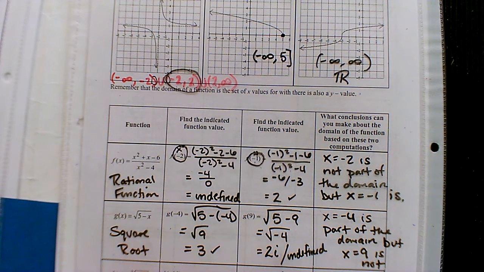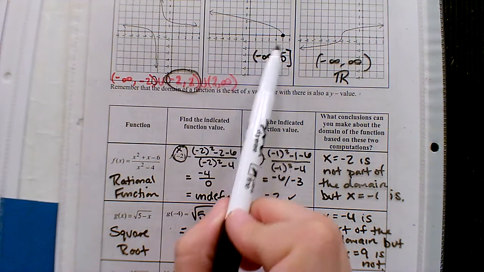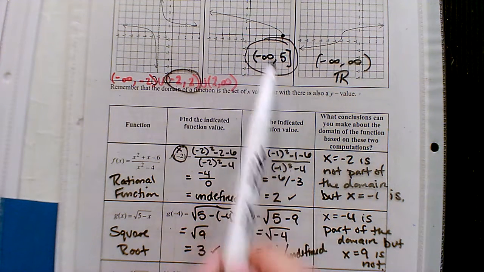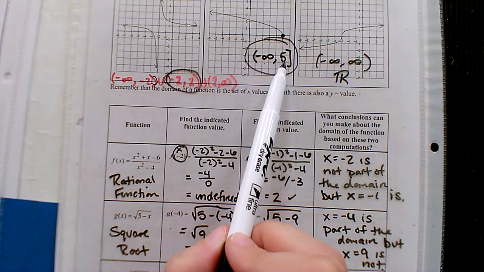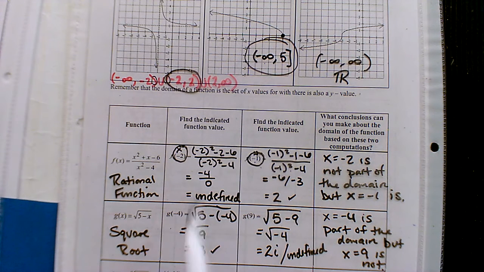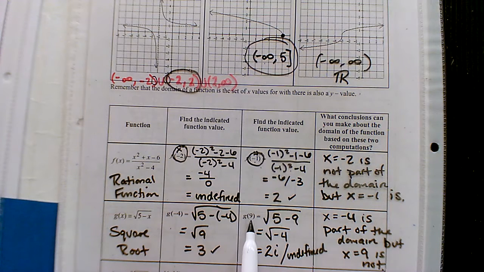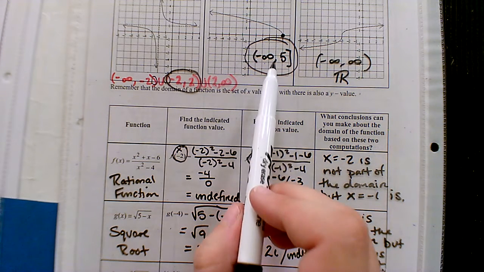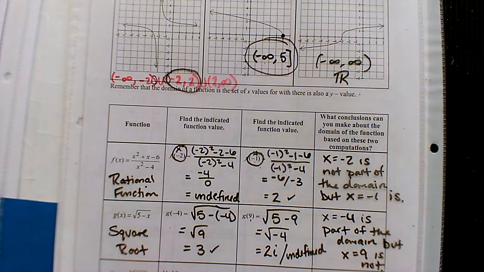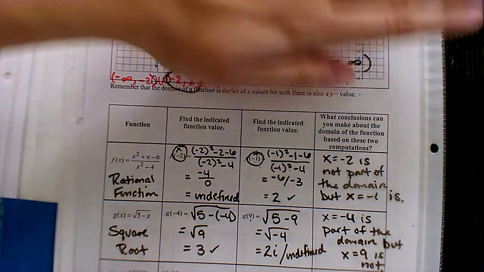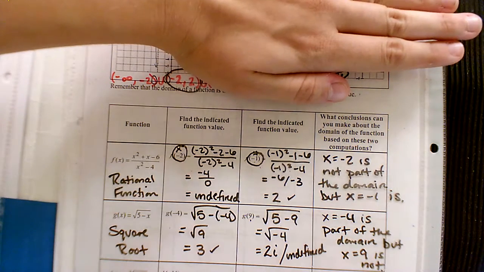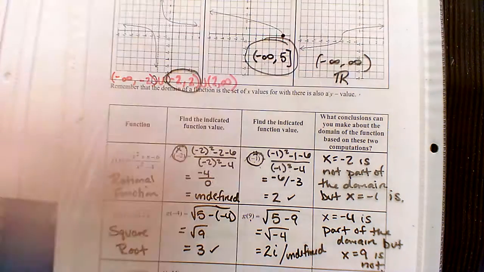We did not get a real number, a real y value out. And based on the graph above, you said that we can include any x value we want as long as it's between -infinity and 5, including 5. Notice how -4 falls within that interval, but 9 does not. So it makes sense that 9 is not a part of it. It helps that we have the graph, but again, if we didn't, you could still get the same conclusion.